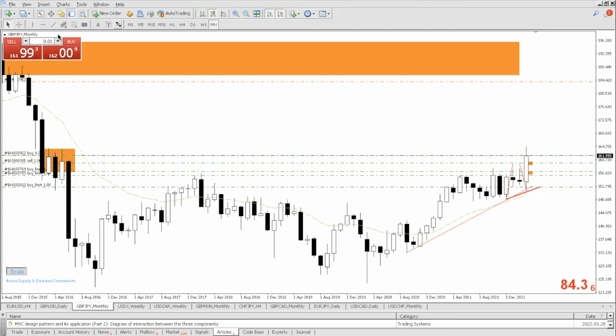So if somehow you have enough money, you buy 0.10 by market, let me show you. Oh no, it's still pulling the 0.1.